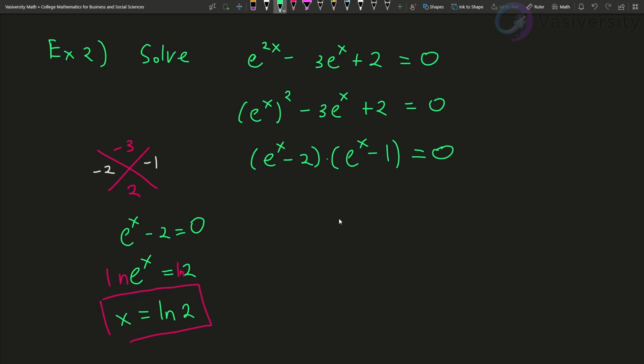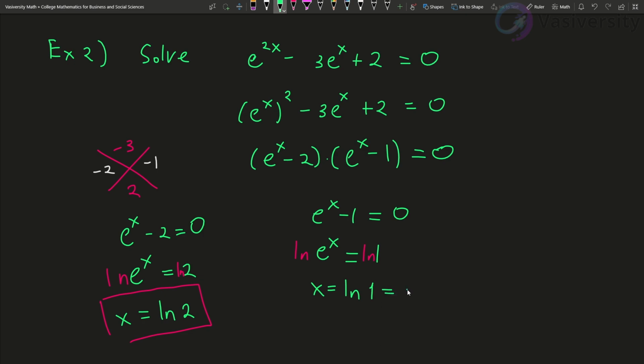Okay, now let's take a look at the second one. So e to the x minus 1 is equal to 0. So e to the x is equal to 1. So now we can go ahead and apply the natural logarithm once again. And we're going to get that x is equal to natural logarithm of 1. But we remember the properties of logarithms, right? What is the property of logarithms? The logarithm of 1 is always going to be 0.